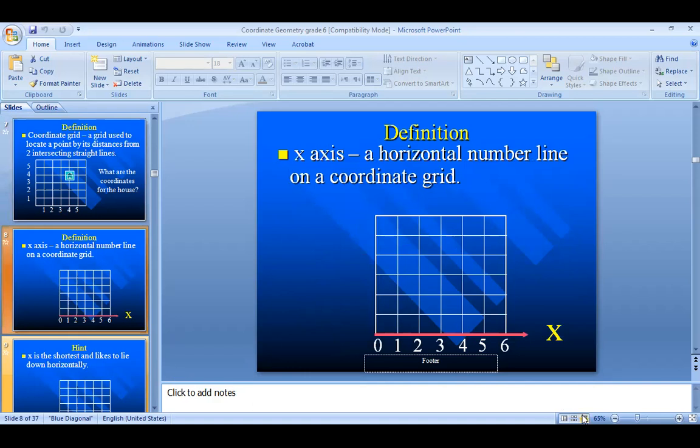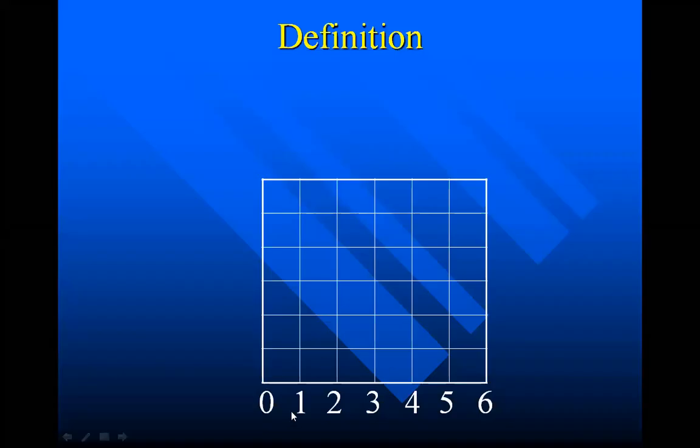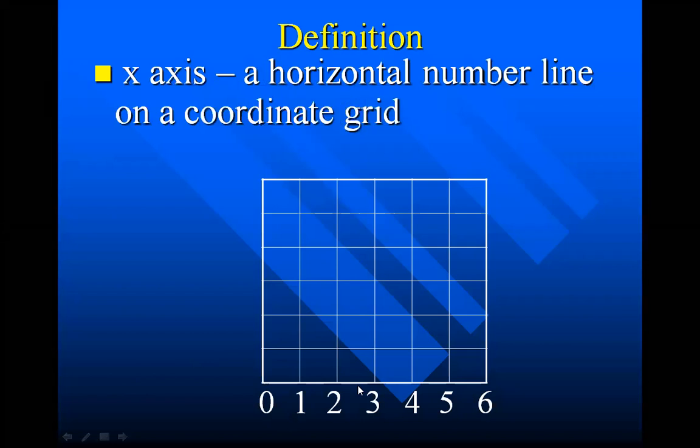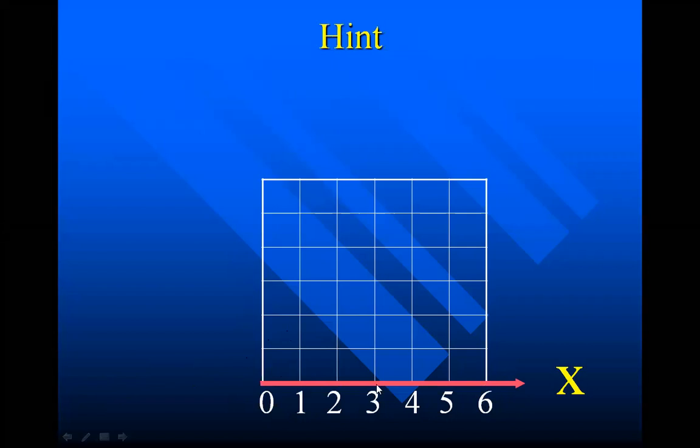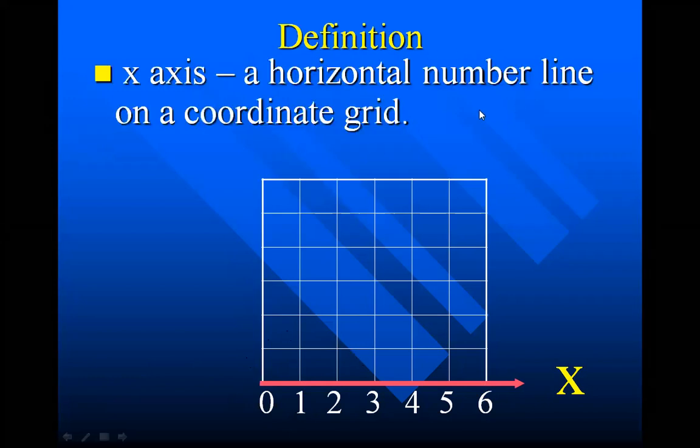Here we have the x-axis like this, 1, 2, 3, 4, 5, 6, and we have a y-axis like this. The x-axis is horizontal. Again, the x-axis is a horizontal number line on a coordinate grid, like 0, 1, 2, 3, 4, 5, and so on.